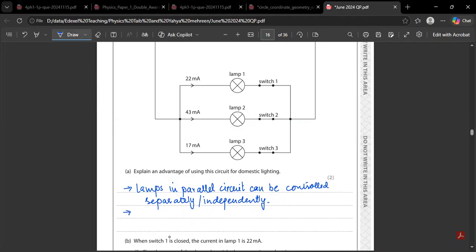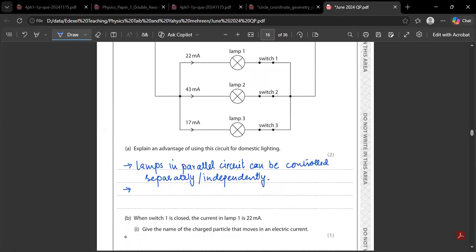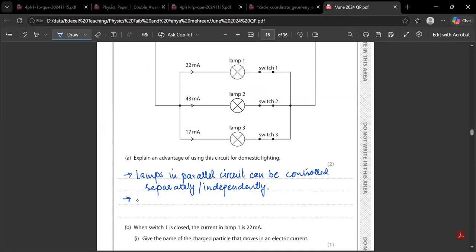Any other advantage do you think that we can include? What could be another advantage? Since it's a parallel circuit, if one lamp becomes faulty, the other won't get affected.